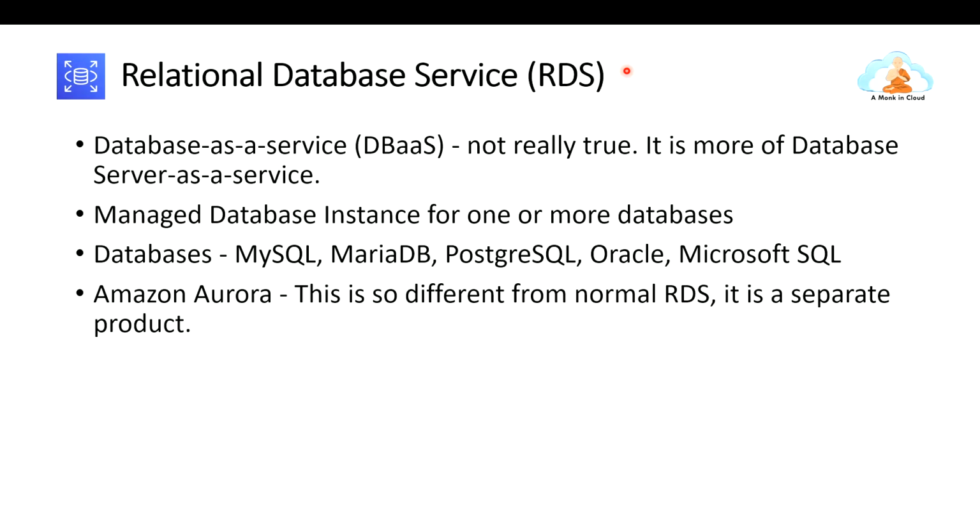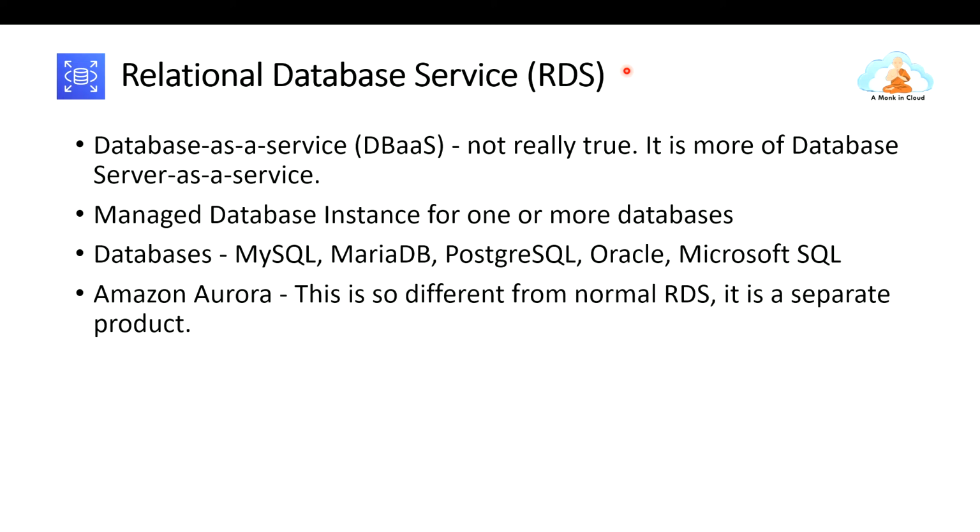Okay, so what are the databases that are supported? RDS supports MySQL, MariaDB, PostgreSQL, Oracle, and Microsoft SQL. It also supports one proprietary database developed by AWS, that is Amazon Aurora. This is very different from normal RDS.